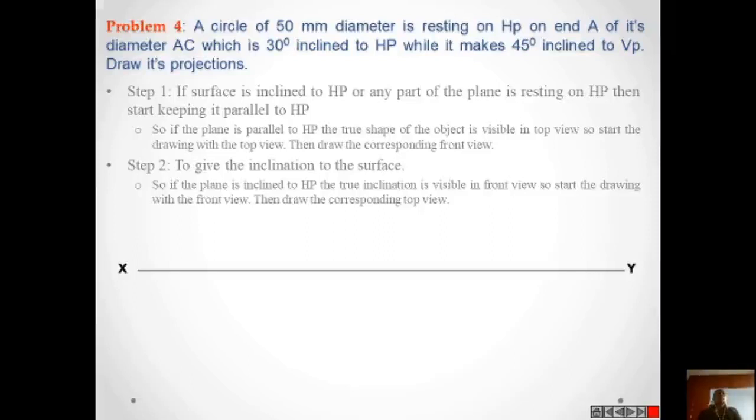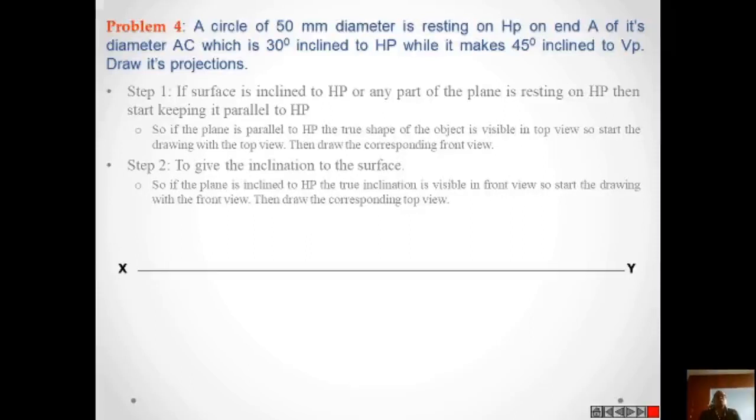Now the circle of 50 mm diameter is resting on HP on end A of its diameter AC, which is 30 degrees inclined to HP, while it makes 45 degrees inclination to VP.